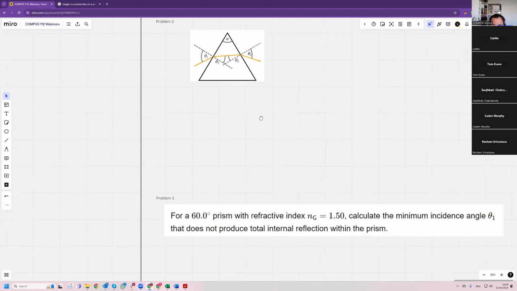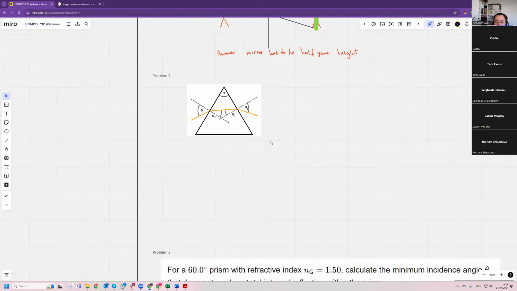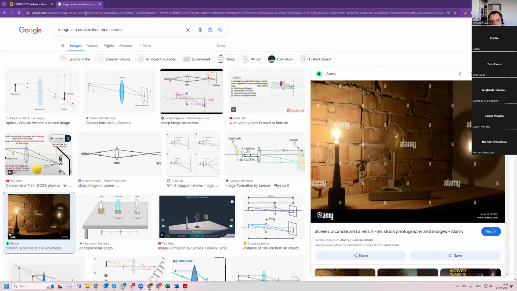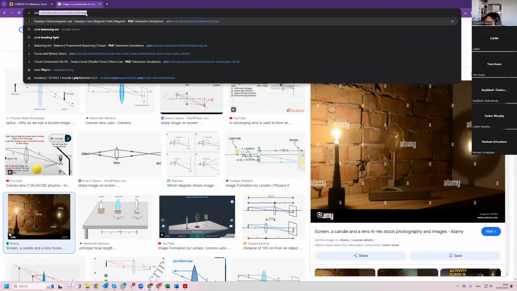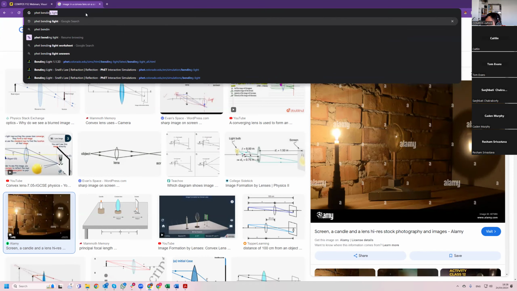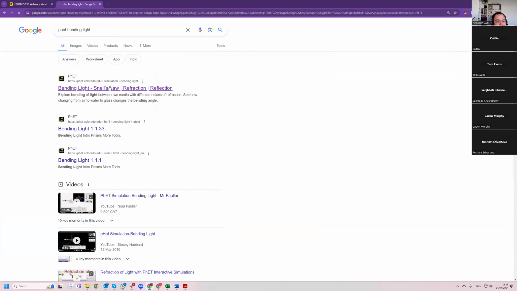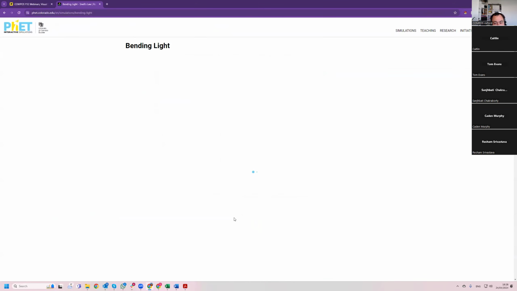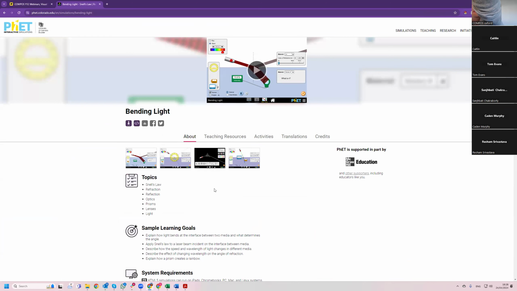Some thoughtful stuff. So imagine a prism. I like this simulation, Bending Light. It's a very nice simulation.